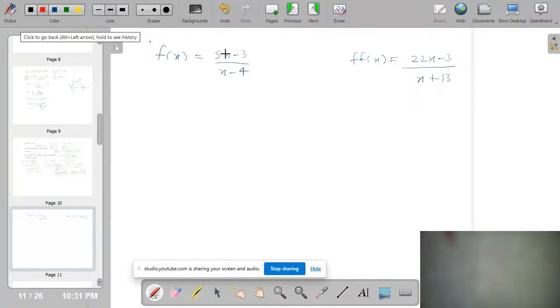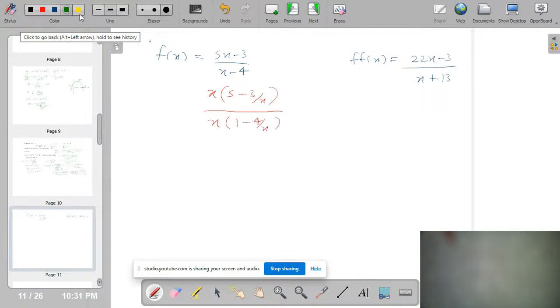I can see that for 5x we have x common, x is a factor. For 3 we don't have x. I take x out, so I can write it as 5. But for 3 we don't have an x term to take it out, so I divide it by x. See, x into 5, x into minus 3 over x becomes minus 3 over x, totally 5. Same thing done in the denominator: x, 1 minus 4 over x.